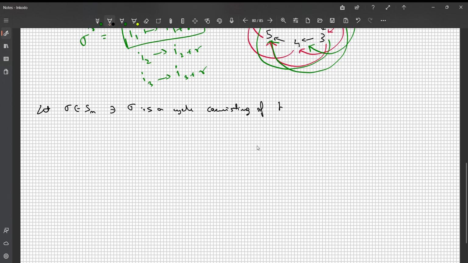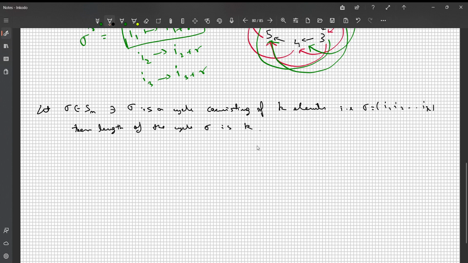Now let sigma be in Sn such that sigma is a cycle consisting of k elements. That is, sigma is of the form (i1 i2 ... ik).